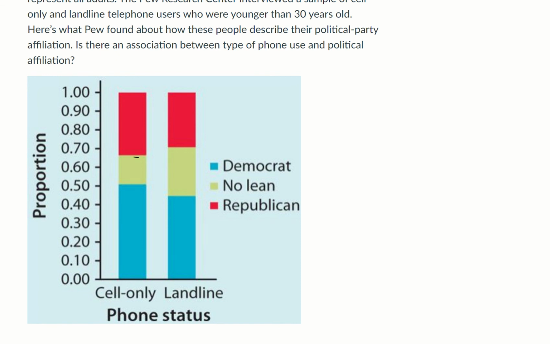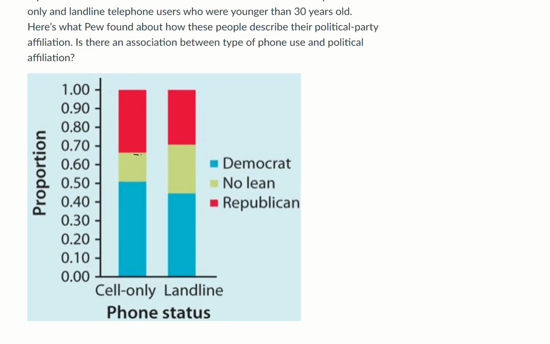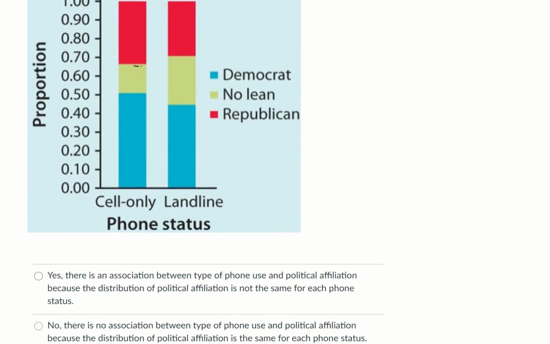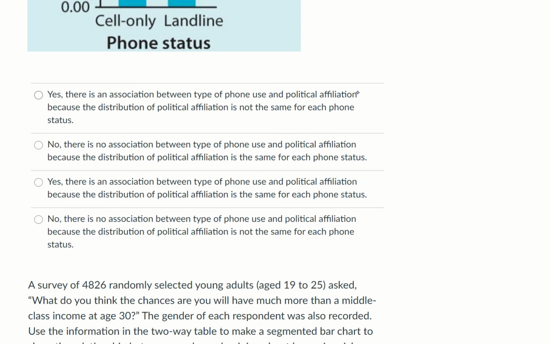However, because the bars are not the same size, we can say that there is some kind of association. Okay, so yes, there's an association between type of phone use and political affiliation, because the distribution of political affiliation is not the same for each phone status. Okay, so this is what we're looking for.